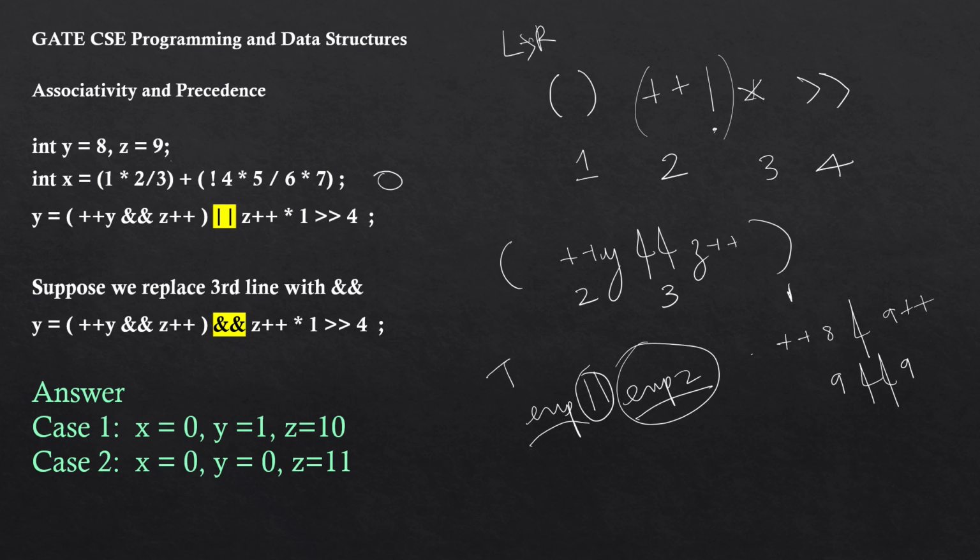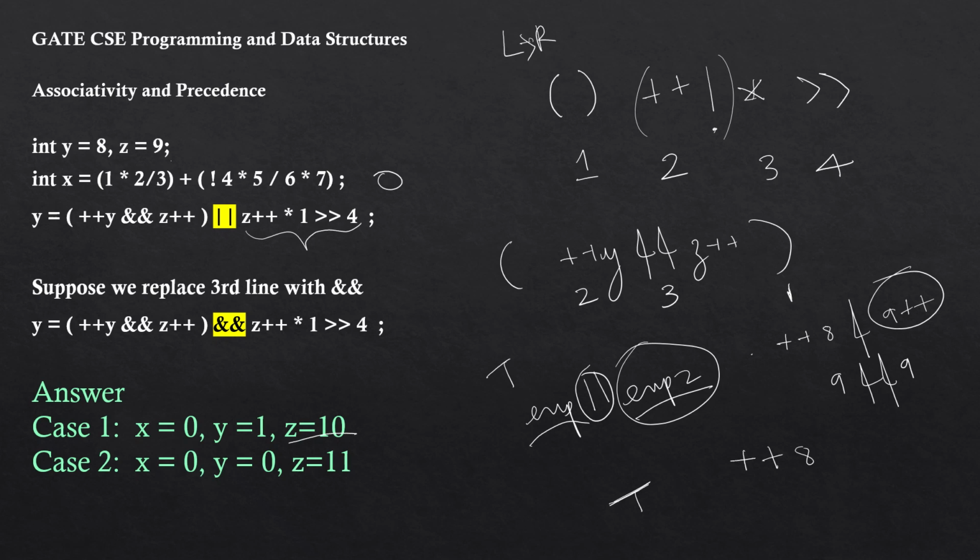So we're getting the value as true. So since it's already true, it is not going to do the rest of the expression. That is why we're seeing the value of z as 10 from the 9 plus.